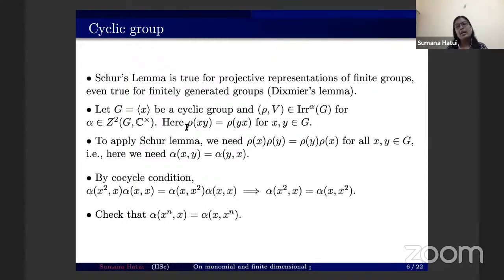In the ordinary case this is true, since G is already an abelian group. But in the projective case, what you need is alpha(x,y) equal to alpha(y,x), because if you break this, you have to get this condition to apply Schur's lemma. As a first step, we can prove that alpha(x,y) equals alpha(y,x) for a cyclic group, so we can apply Schur's lemma.